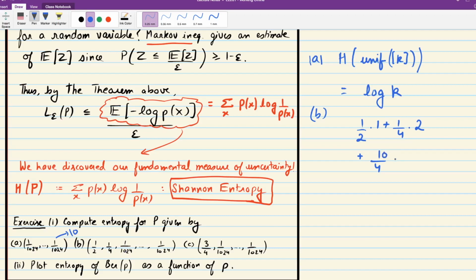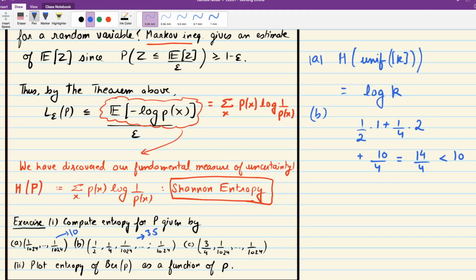So the total comes out to be 2 here. So 2 plus 2 is 4, 4 plus 10 is 14, 14 by 4. Which is less than 10. So this has smaller entropy than 10. It is 7 by 2, that's 3.5.